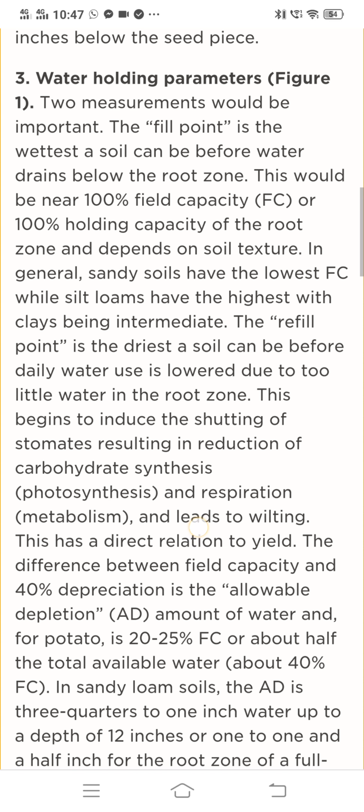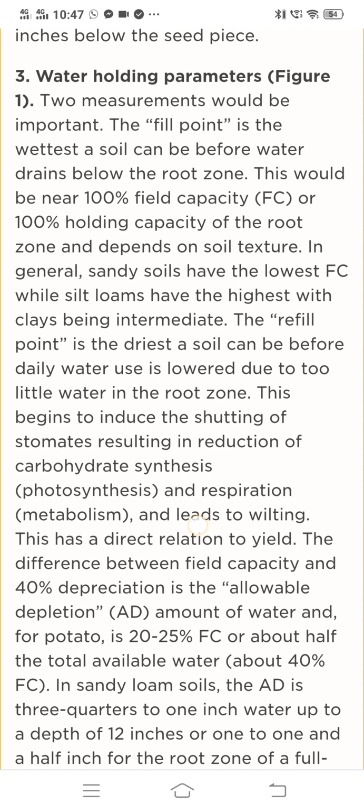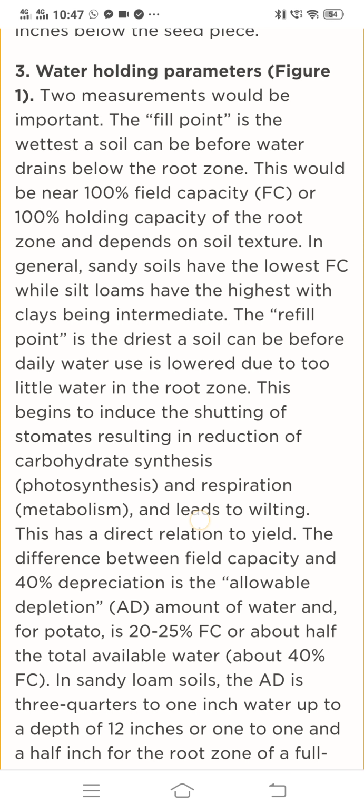How much water should be in the soil before the water drains below the root zone? We know that we need water only in the root zone. Below the root zone, the water would be wasted. So the fill point is the amount of water irrigated before water drains below the root zone.